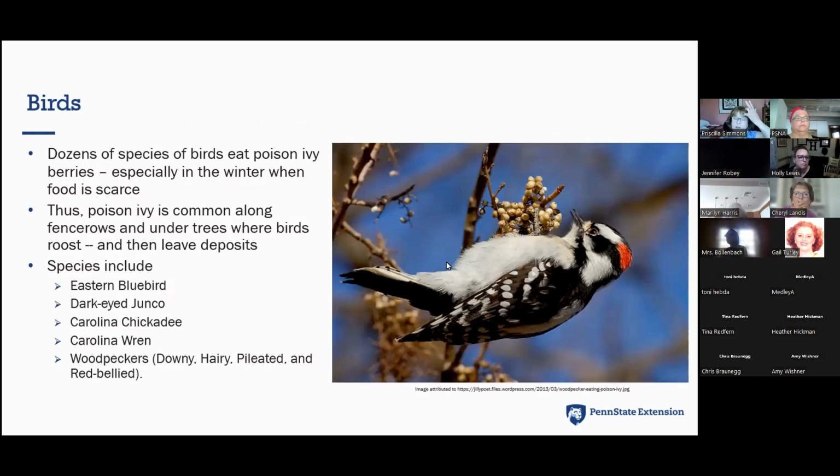You can see there's no foliage, but a cluster of berries. And clearly, our birds are dependent on berries in the winter. I just listed here, if you happen to be a bird lover, some of the species of birds that will eat the berries. And those are the eastern bluebird, the dark-eyed junco, Carolina chickadee, Carolina wren, and woodpeckers.